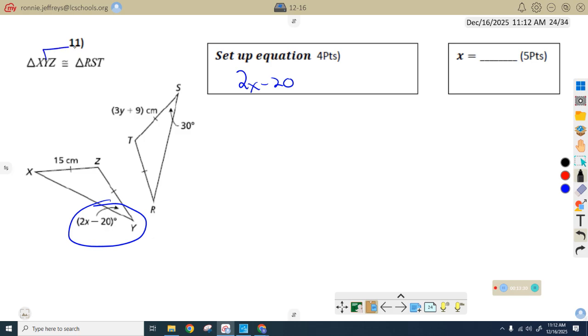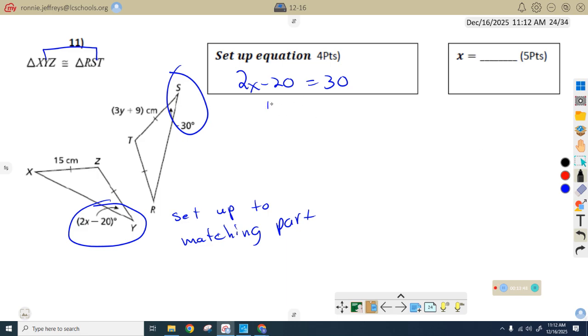Well, let's see. So 2x equals 50. X is 25. Okay.